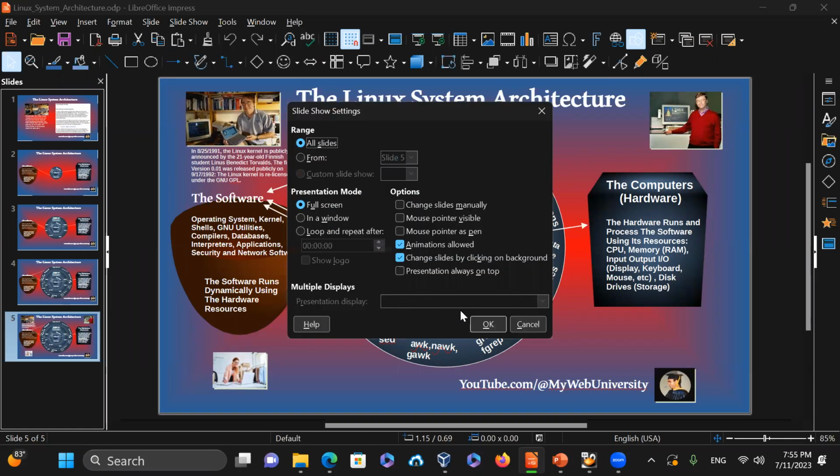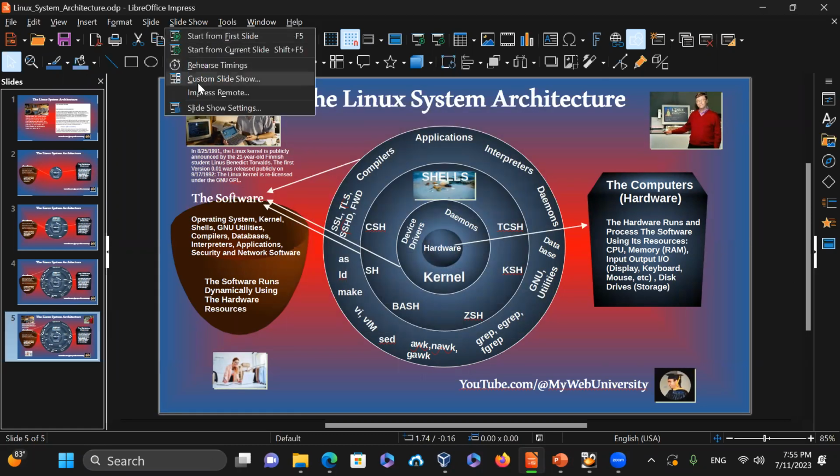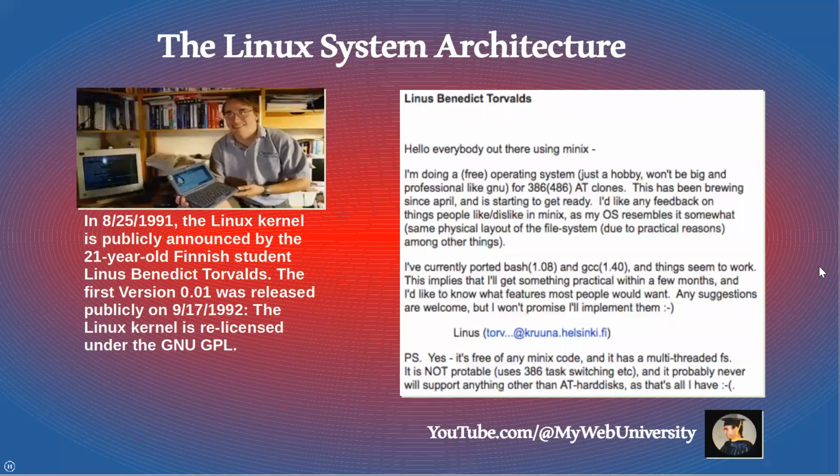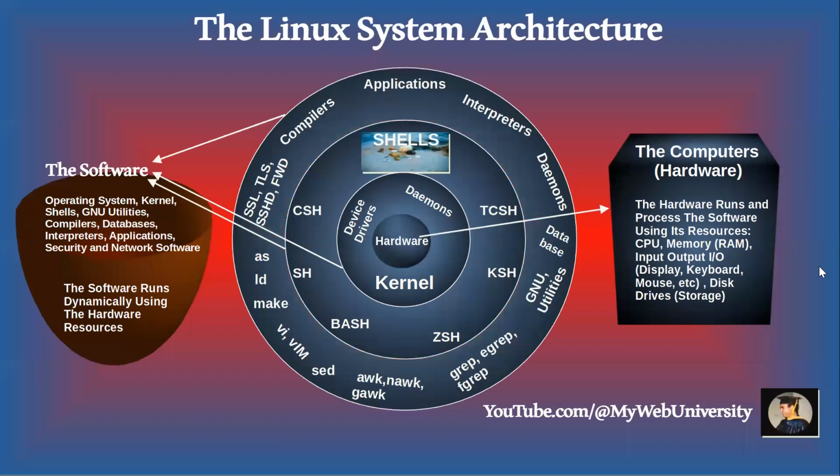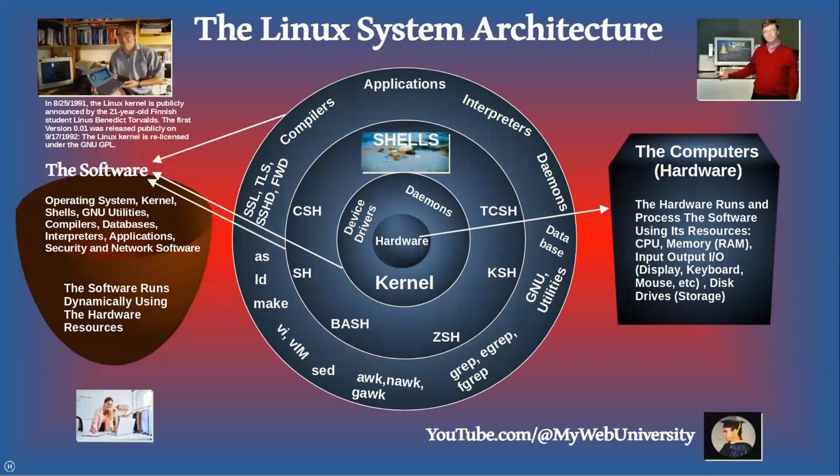So if I just make that last slide a little bit bigger, so you can see the last slide, we will be done with this. We discussed the kernel and then the shells. And then we also discussed the utilities, which is one of the topics that I'm going to cover next. But on the Linux system architecture, you can see the user comes outside of all the software and operating system.